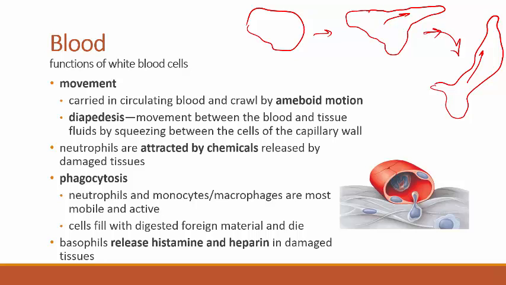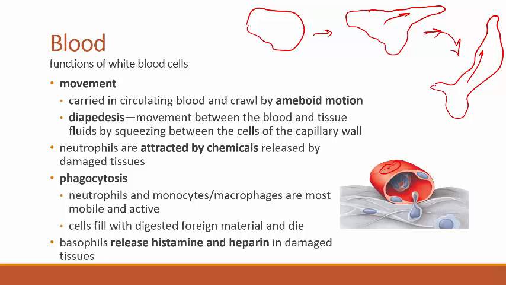They can also do something called diapedesis. We've talked about capillaries being a little bit leaky in the past. Here you can see a zone where there's a little gap that allows fluids to exchange very easily between the blood and the extracellular fluids around that capillary.